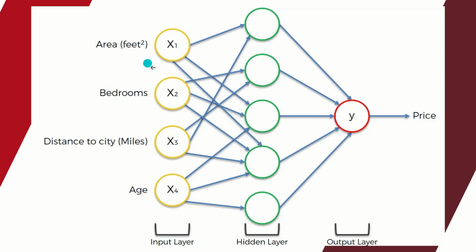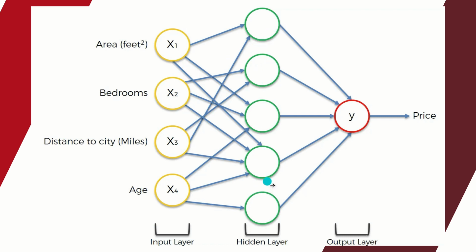Now, just by looking at it, you can tell that these must be the features of a house. So all these features will in the end help you determine the price of the house, which will be your output. Now there is a hidden layer.